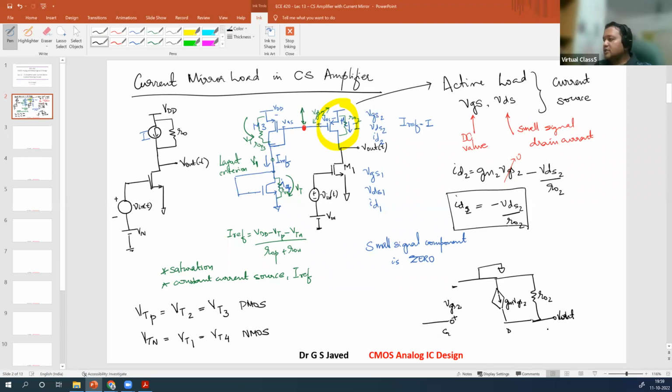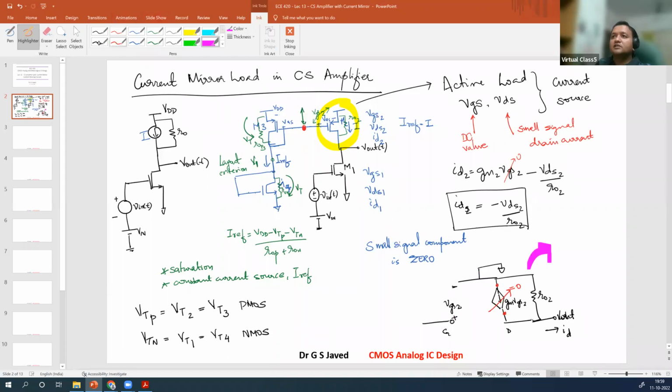Now in this particular case, with the drain current flowing outwards, we know that GM-VGS is 0. So if this is 0, then this will be open circuited. So what is left over? Only RO2 is left over. So on further simplifying, what do you get? There is no impact of VGS2 here.